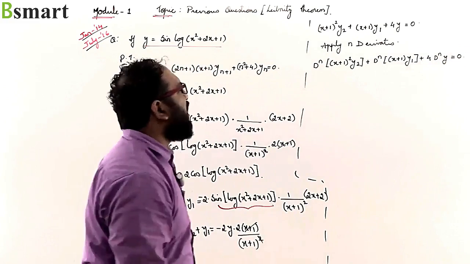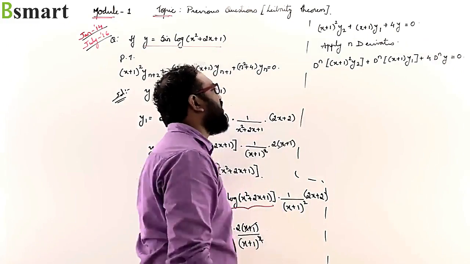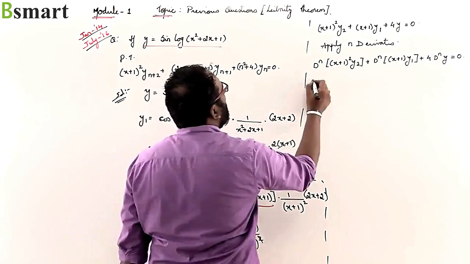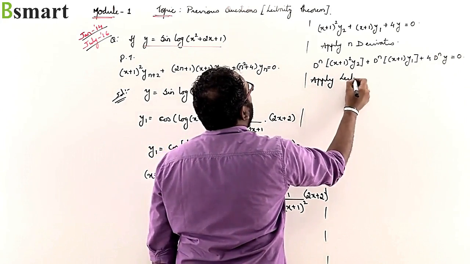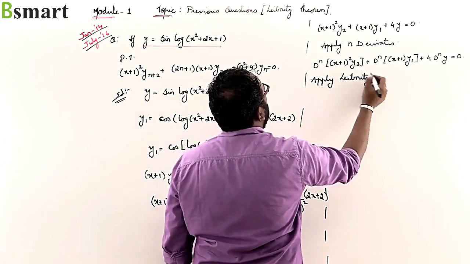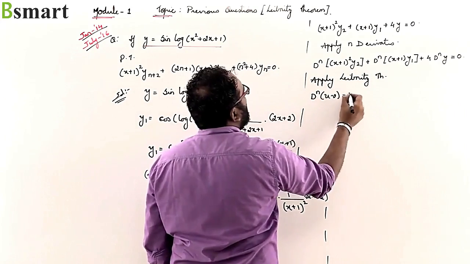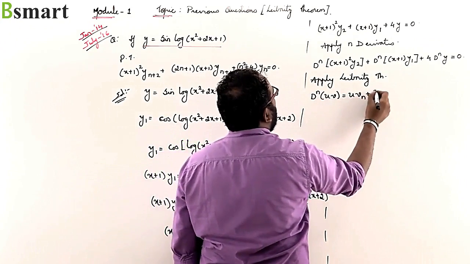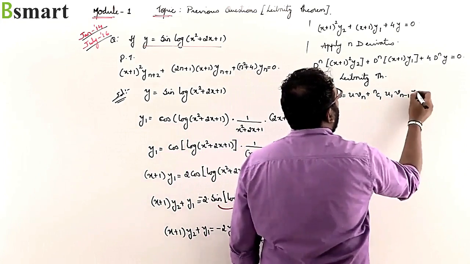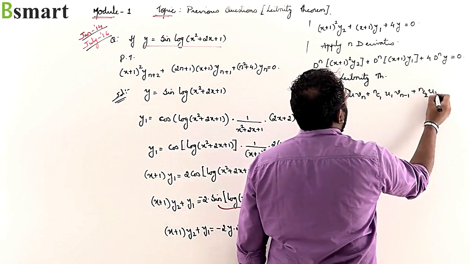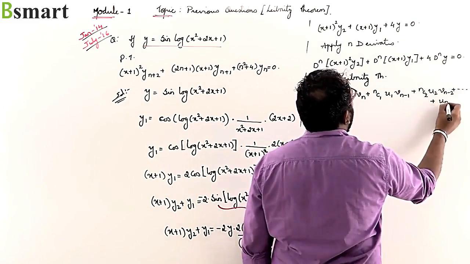So now as we are having the product of two functions and we are finding out the nth order, we will be applying the Leibniz theorem. So what is this Leibniz theorem? That is d to the power n of uv is equal to u vn plus nC1 into u1 vn minus 1 plus nC2 into u2 into vn minus 2 plus so on plus un v.